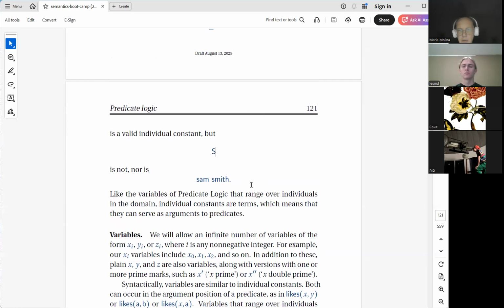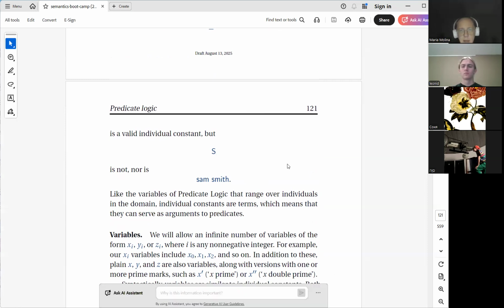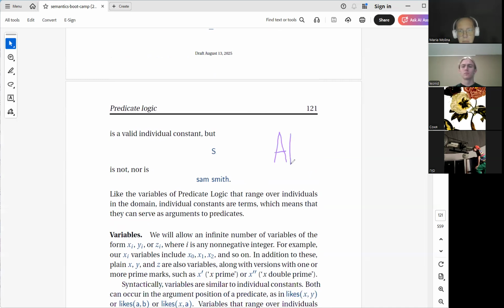Or you can write the whole name, including first name and family name, but you must join it with the underscore sign, Al_Eaton, something like that. That would be a name.